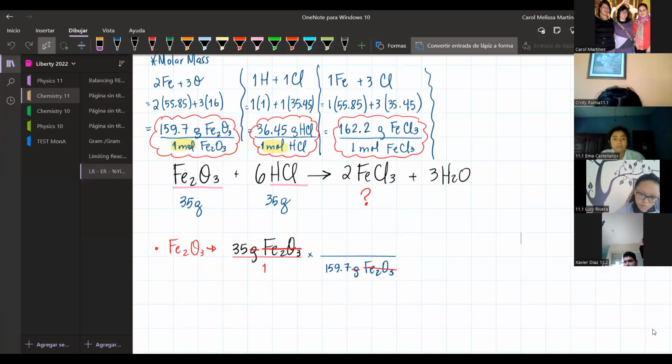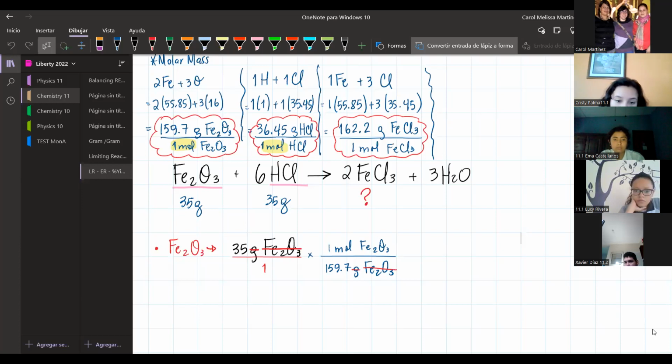Okay, what is the next step? Above, we're going to write how many moles? 1. Always, molar mass, always 1 mole, okay? So in here, it's going to be 1 mole of the same substance. Don't be lazy. Okay, what is the next step?